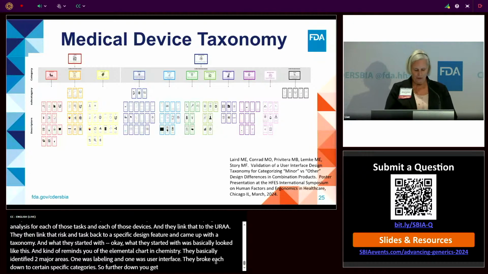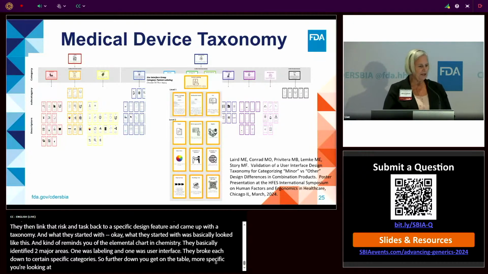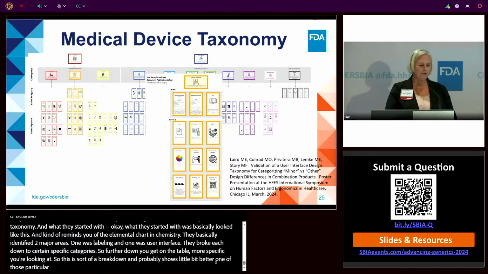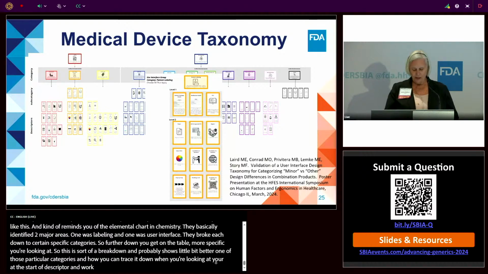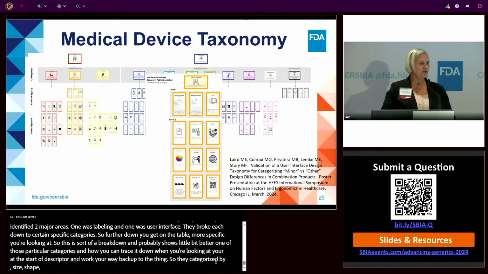This is sort of a breakdown, and it probably shows a little bit better one of those particular categories and how you can trace it down. When you're looking at your device, you would start at the descriptor and work your way back on up through the hierarchy. They categorize each design attribute by color, size, shape, texture, and material. So very much like our guidance says, you want to look at the shape, size, and orientation of each product.